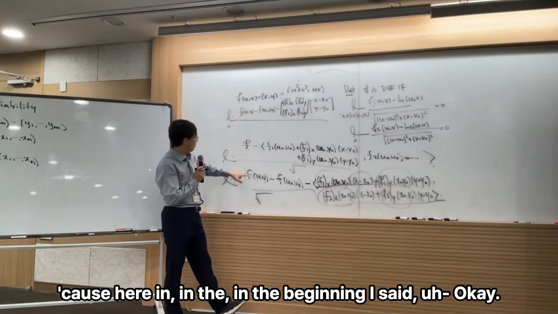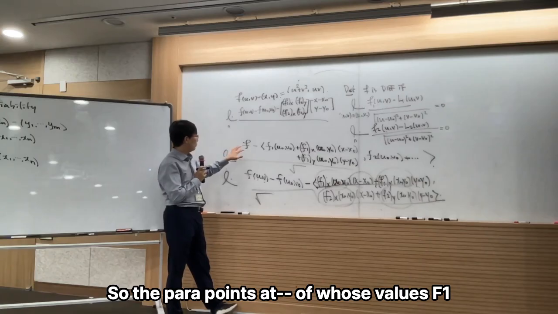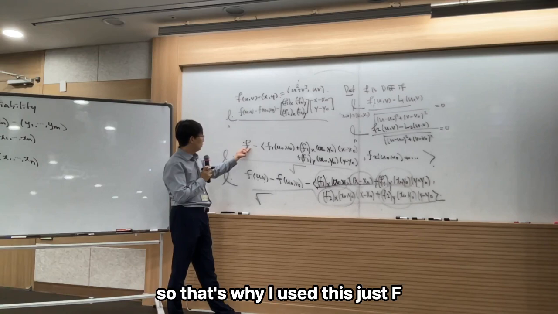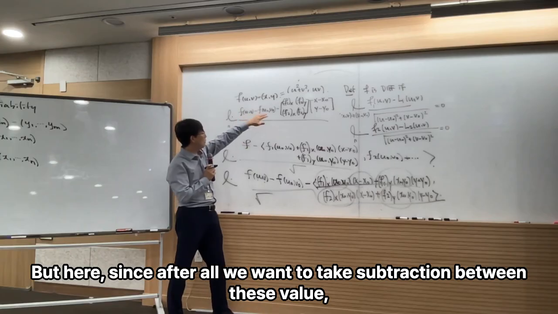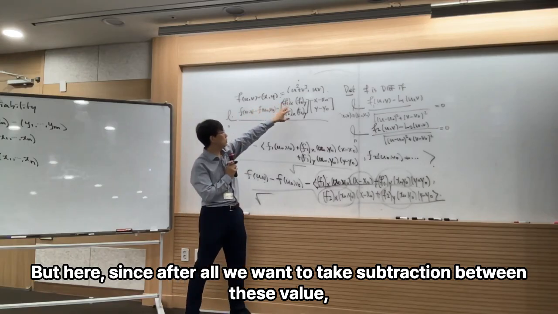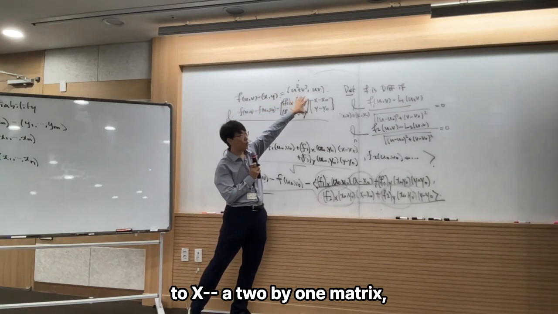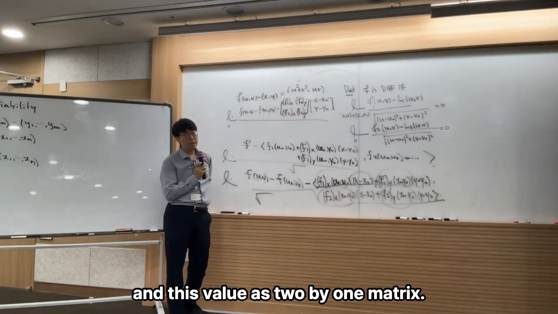Because in the beginning, I said the pair of values f1 and f2 can be given as a vector. That's why I used just f without mentioning the vector notation. But here, since we want to take a subtraction between these values, I'm looking at this value and this value as 2 by 1 matrices.